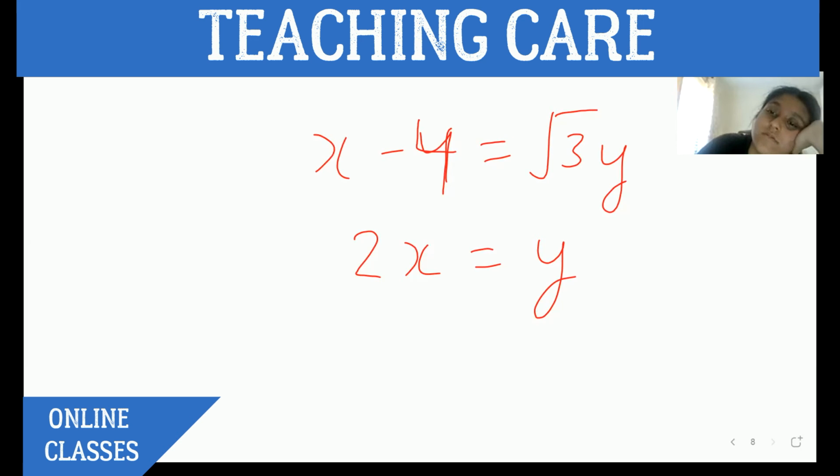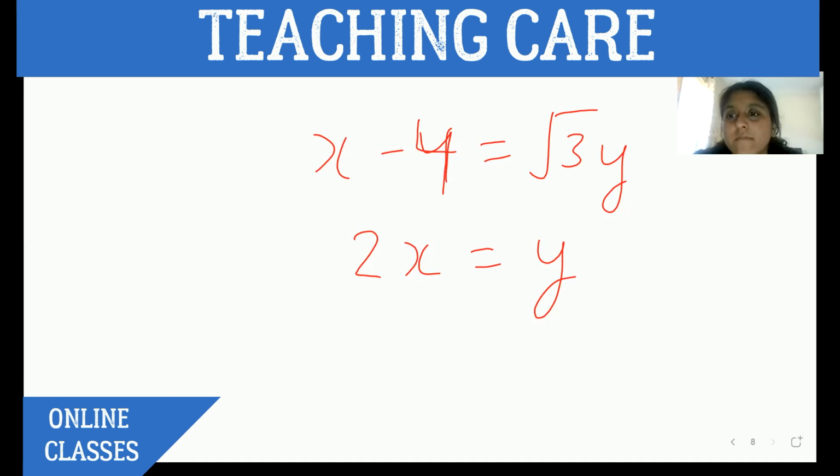So a is 2, b is minus 1, and c is 0. Good.